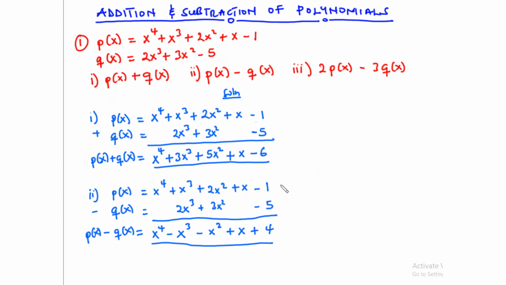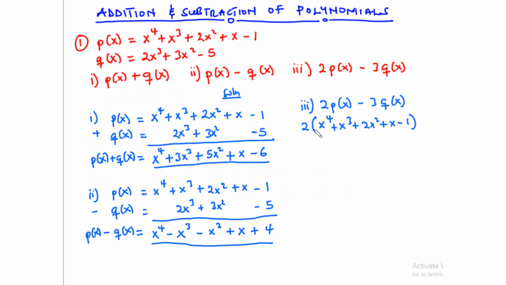Now let's solve for the last one, (iii). We have 2 times p of x minus 3 times q of x. So first of all, let's find 2 times p of x. So 2 times p of x means that we are going to multiply 2 by p of x. So we have p of x to be x exponent 4 plus x cubed plus 2x squared plus x minus 1.